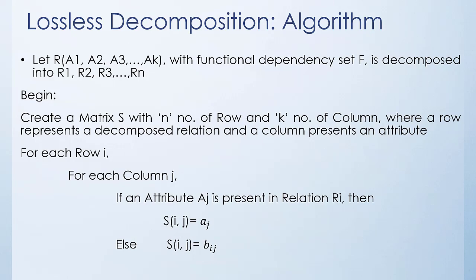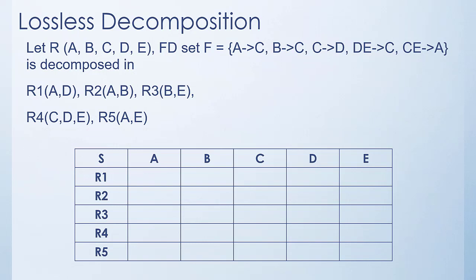This is a relation R with 5 attributes A, B, C, D and E, with the functional dependency set F: A determines C, B determines C, C determines D, D determines C and CE determines A. Now R is decomposed into 5 smaller schemas: R1, R2, R3, R4 and R5. In R1 we have the attributes A and B. So in the S matrix, for the R1 row and the A column, we put A1.